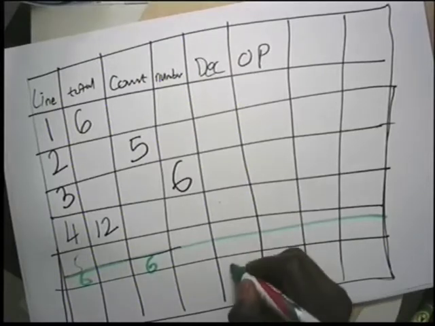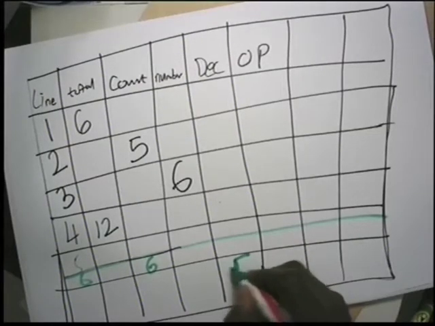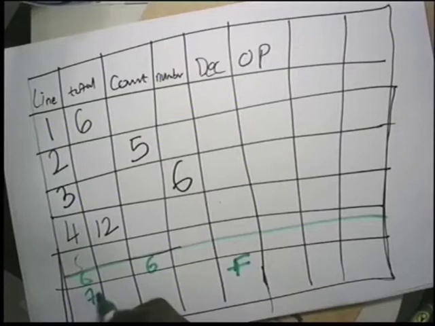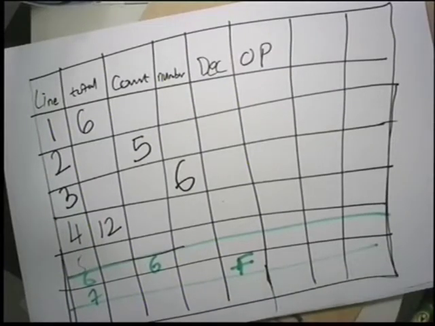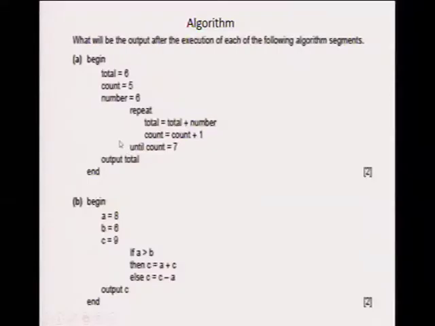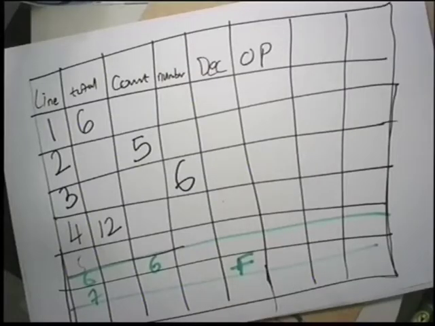No. So under my decision, I put F, which means it is false. If it is false, you go back again. Can you see that now? Because it says, repeat this until this is true. So we got false. What do you do? You go back now. So where do you go back to?